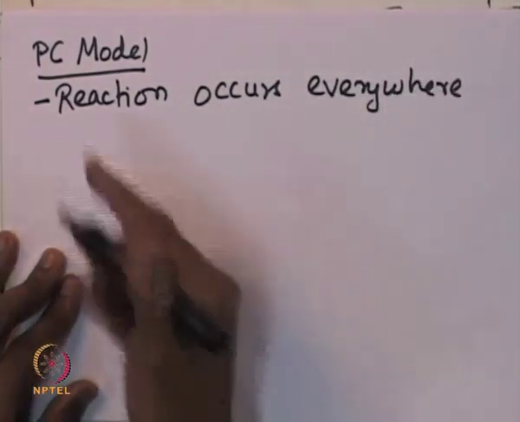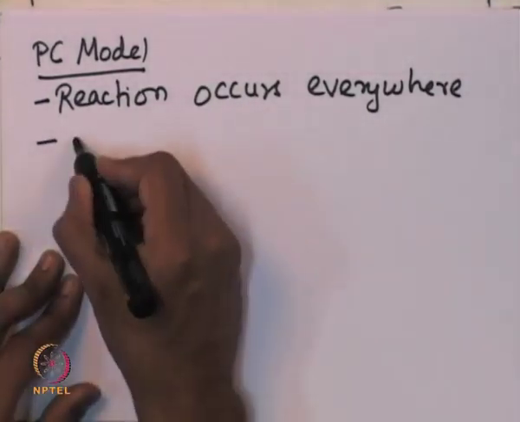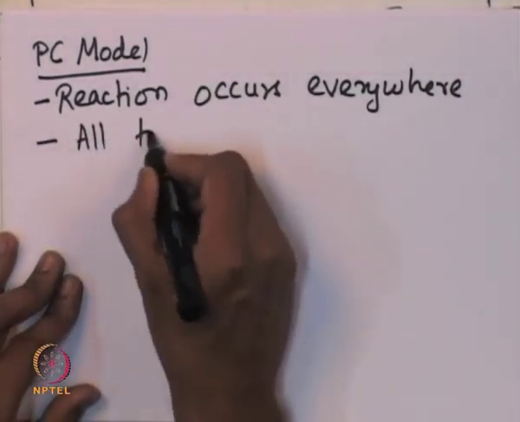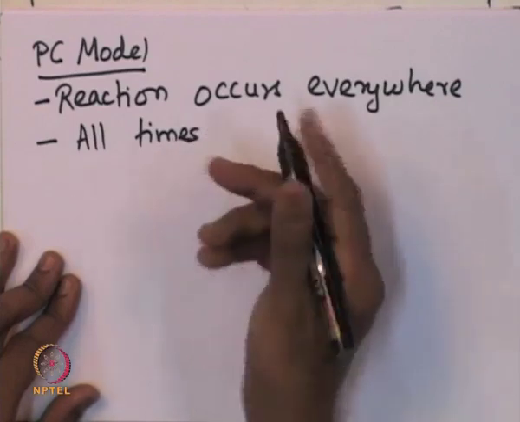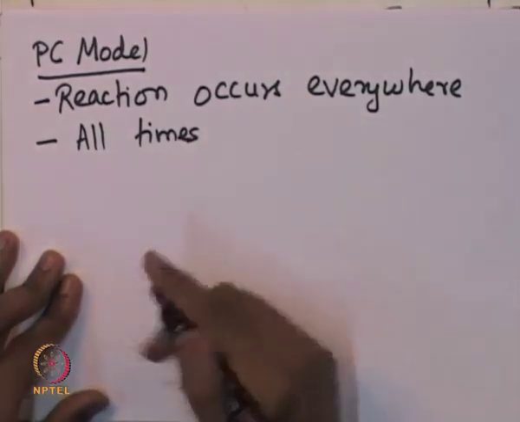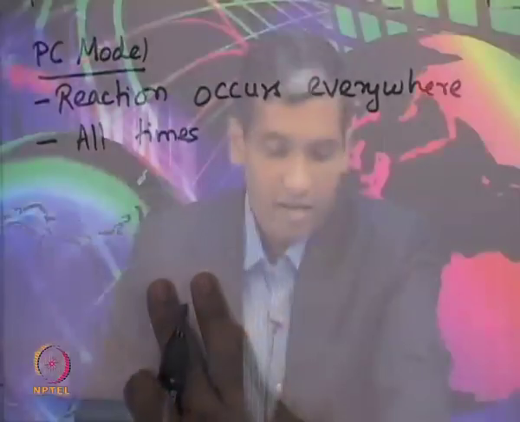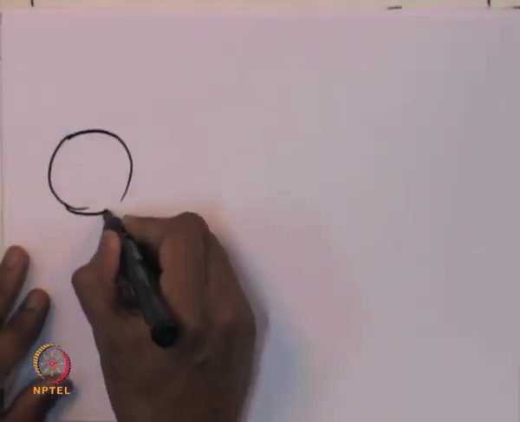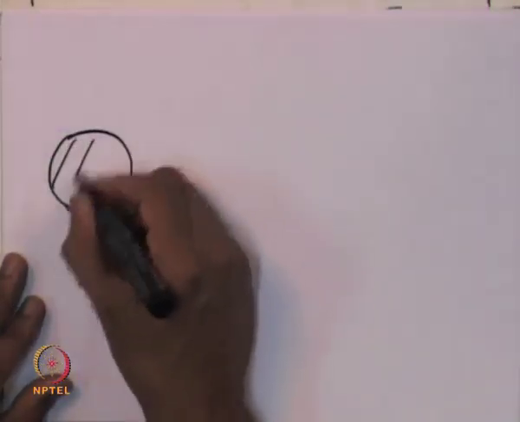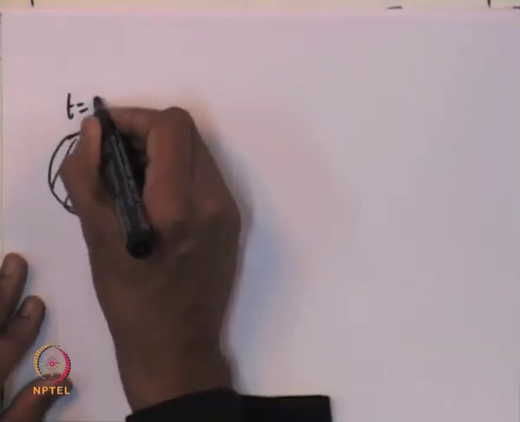Reaction occurs everywhere, and not just that it occurs everywhere, it occurs everywhere at all times. So, it assumes that all the time till complete conversion, the reaction occurs everywhere in the solid core. Suppose we attempt to capture this assumption: suppose this is the initial core, that is at time t equal to 0.